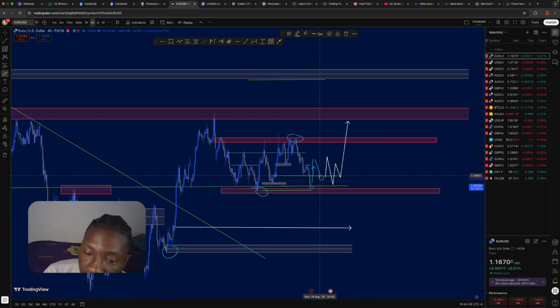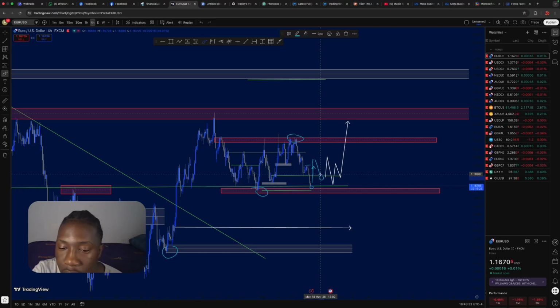But after the pullback, we also need to see a consolidation or a 4-hour candle doji. This is going to be our sign that the market is now taking a buy side direction.